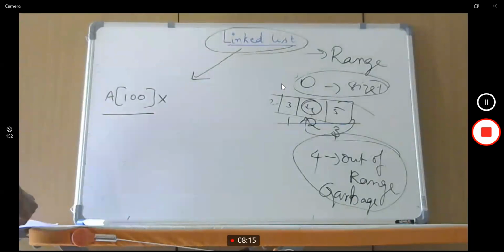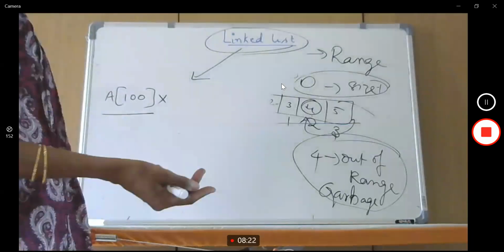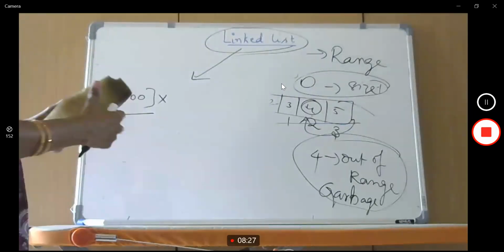This does not require the use of arrays. It doesn't require the memory to be allocated in the beginning itself. There is a lot of flexibility when you talk about linked list.